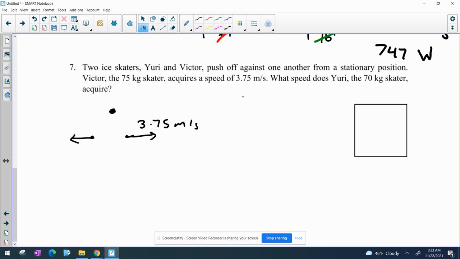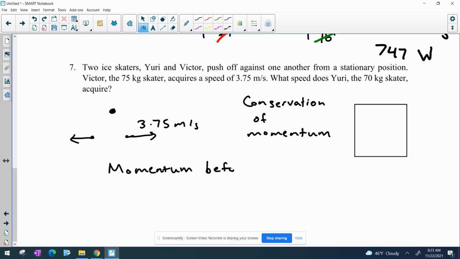This is again a conservation of momentum problem. So momentum before equals momentum after. All right.